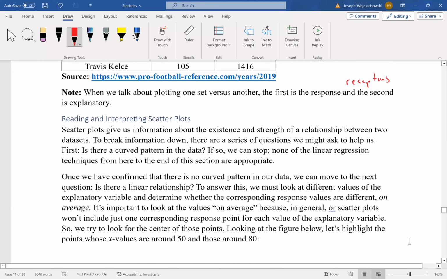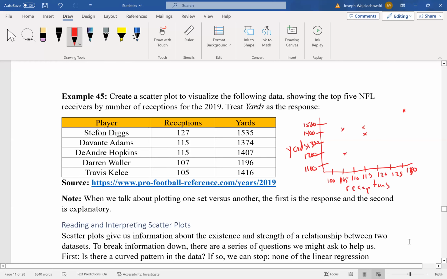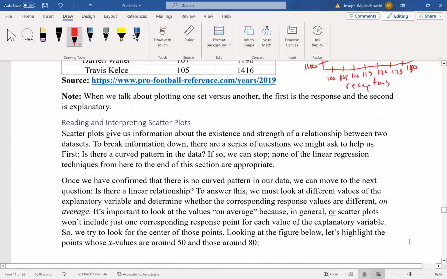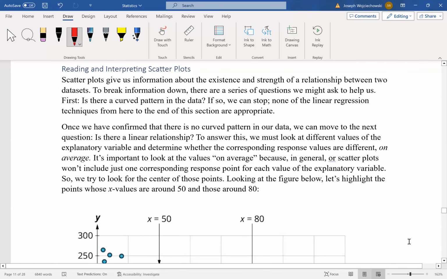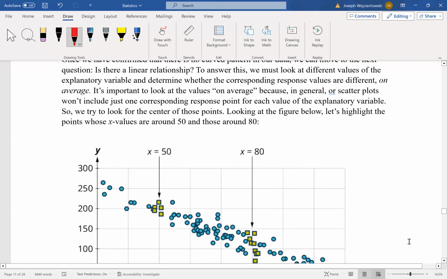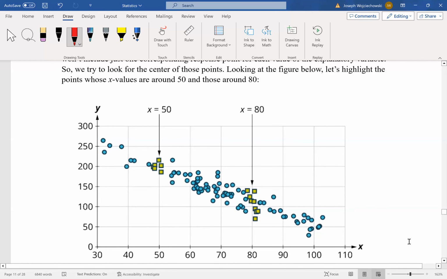As you saw, we did have two 115s, and we had two different values.